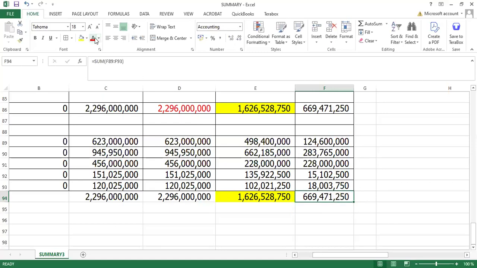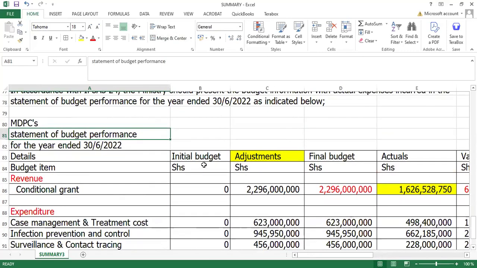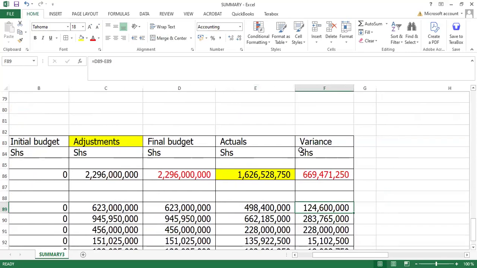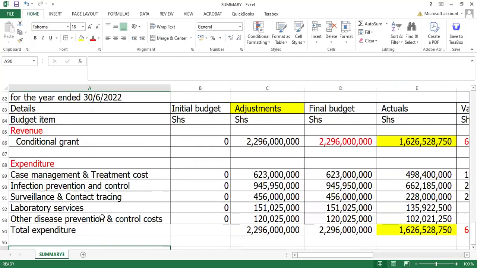This is the same. But most times when we are dealing with budget, you're going to find that most of the issues are on expenditure items. There are always no issues with the revenue. That's what you really were supposed to do.